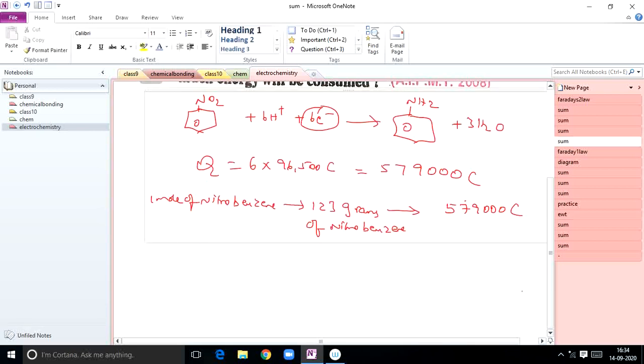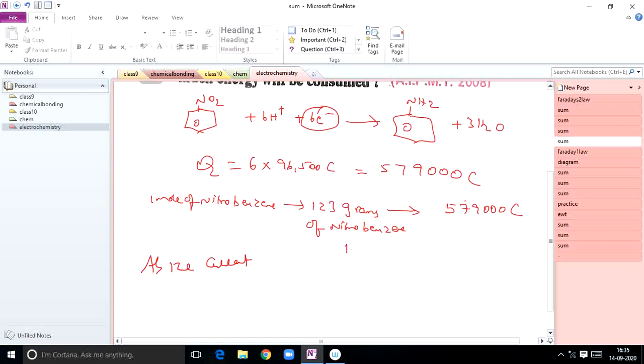Now, as the current efficiency is 50%, quantity of electricity actually required. Here he has given 12.3 grams.